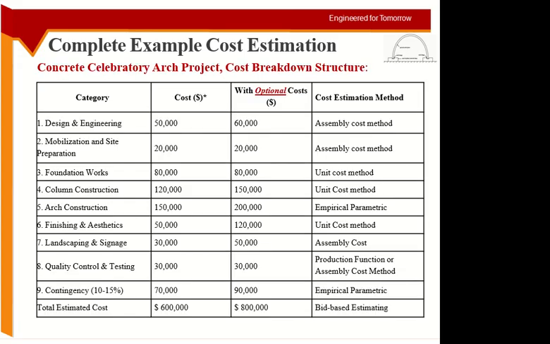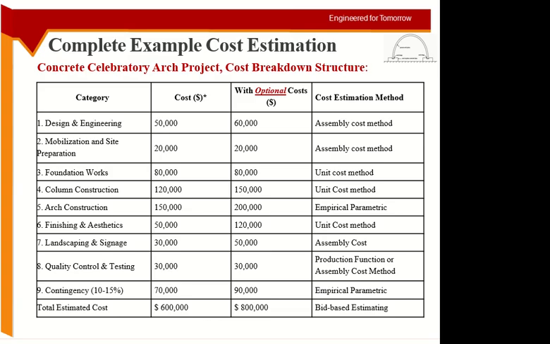So design and engineering, 50,000 cost. If you have any additional optional item, you need something extra, 60,000, but it's the cost for the whole work. So design will be ready for 50,000.